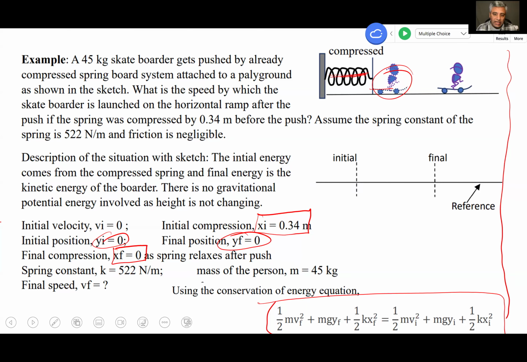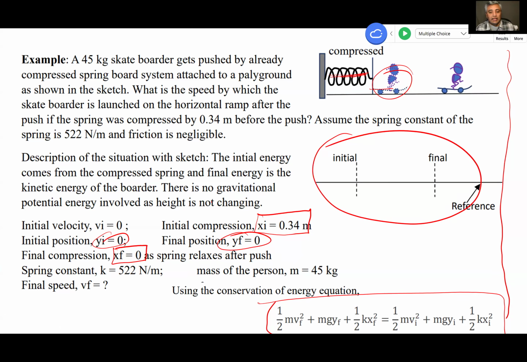And when you do that on the worksheet, that's what I like to see. You want to show all the process, including initial, final position and reference and so on. Then list the things, then write down the formula, and then solve for the things that you are looking for. So all problems can be solved just like that.